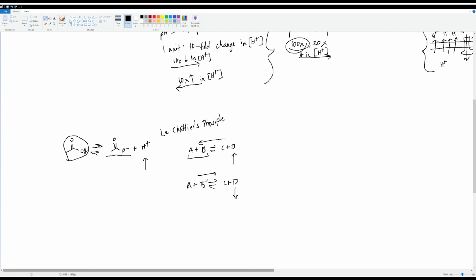And so A and B will become the dominant part of the reaction, and so it'll form more C and D. Okay. So if we increase, we favor the opposite side. If we decrease, we favor the formation of that side.